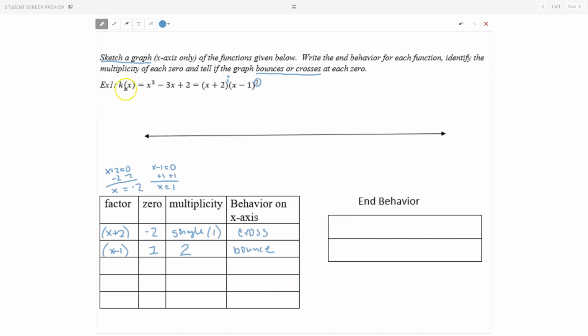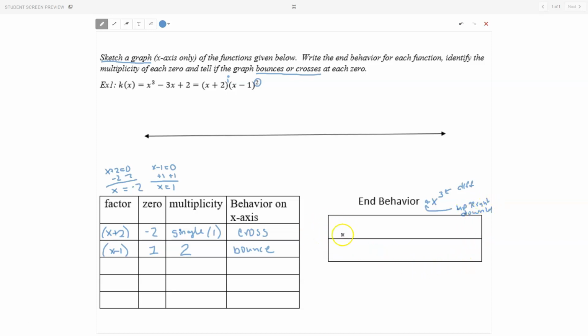The end behavior, what do I look at for the end behavior? I look at 2 things. I look at this positive x cubed. That's what I look at. So the fact that it's odd tells me that I have different end behavior. The fact that this is a positive right here tells me that it's up on the right and down on the left.